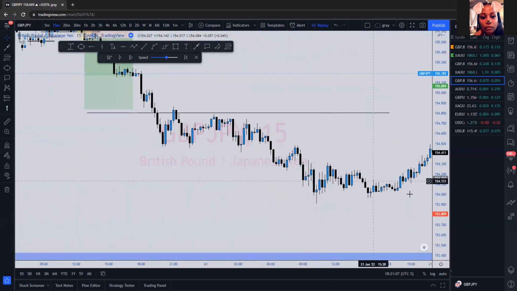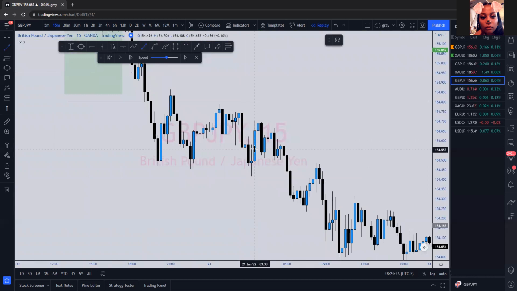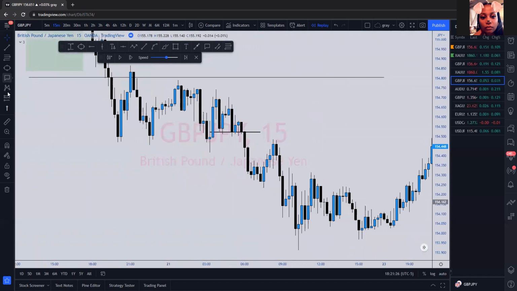Okay. Entry. So 3 o'clock, there's not really much of a transition, but I do see some supports that were being formed, and I saw a break. It's good enough for me.